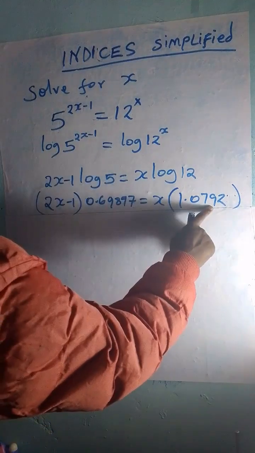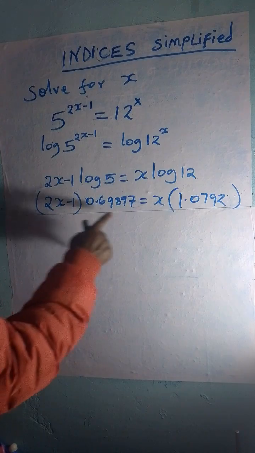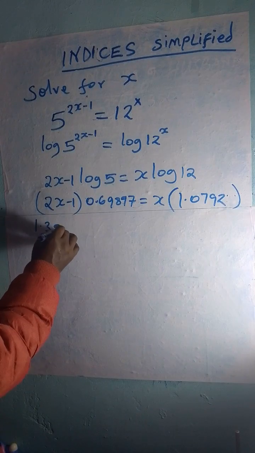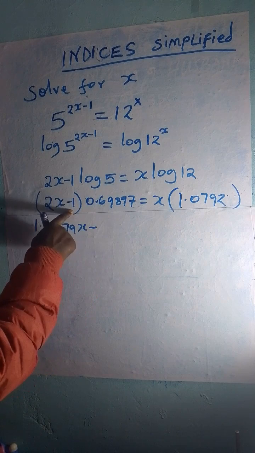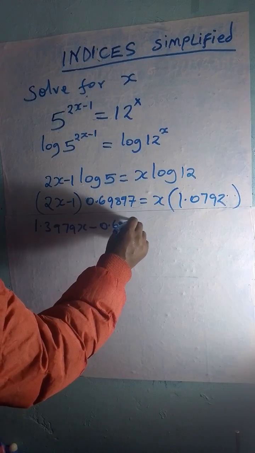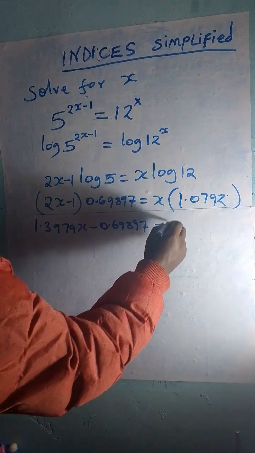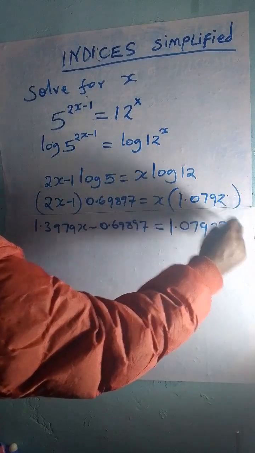Now you multiply this times everything in the bracket. So this times this, we are going to get 1.3979x minus this times this, which is 0.69897, equal to this times that, you get 1.0792x.